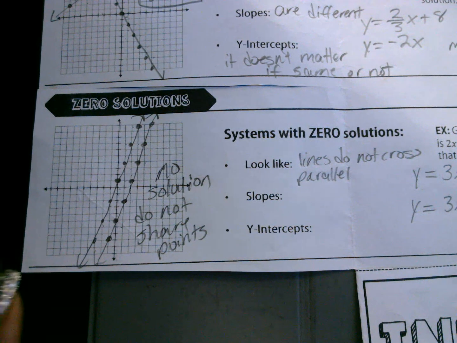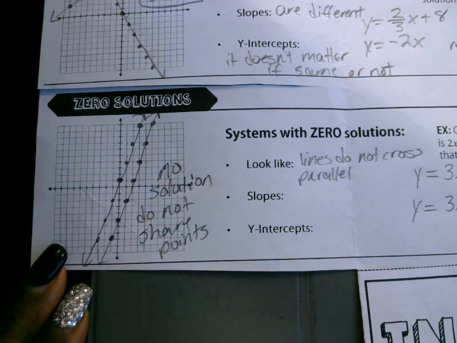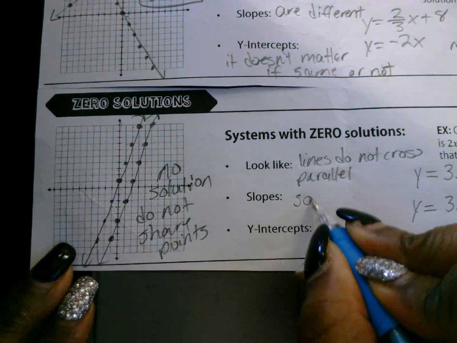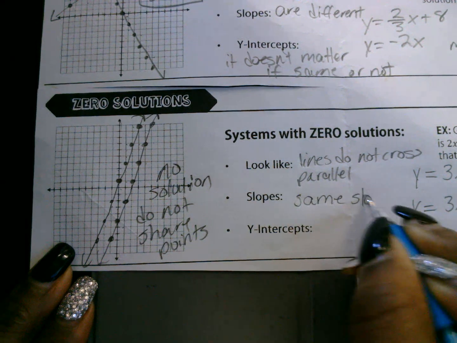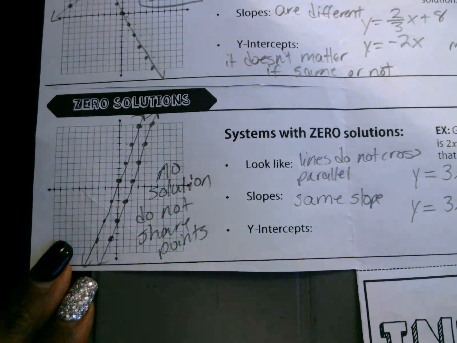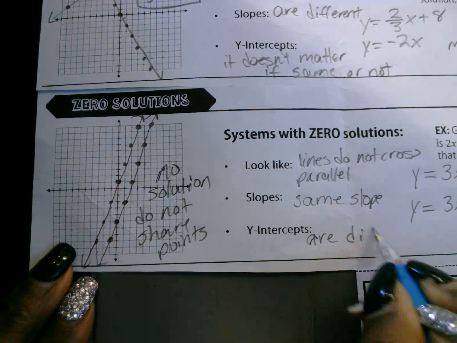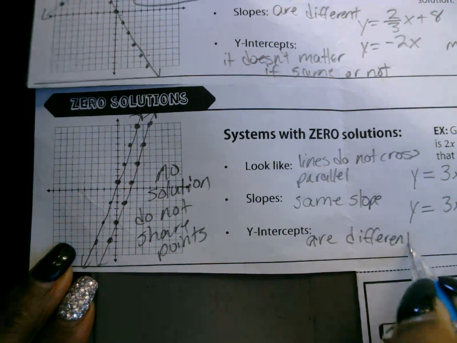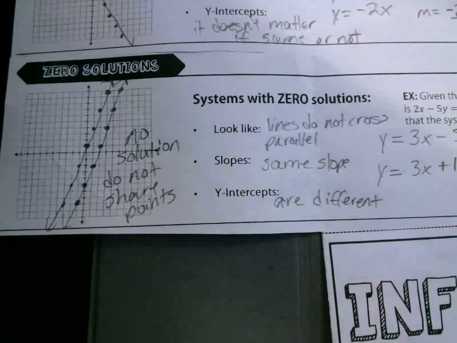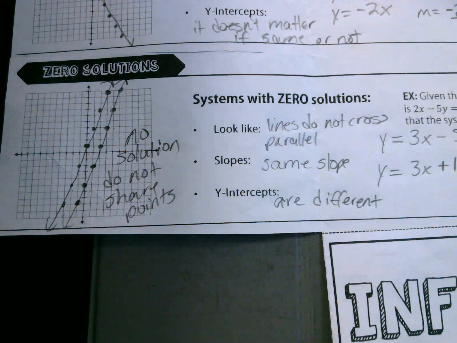Parallel lines have no solution. The slopes have to be the same, and the y-intercepts are different. If they were not different, it'd be the same line. So the y-intercepts have to be different. Pause for the cause.